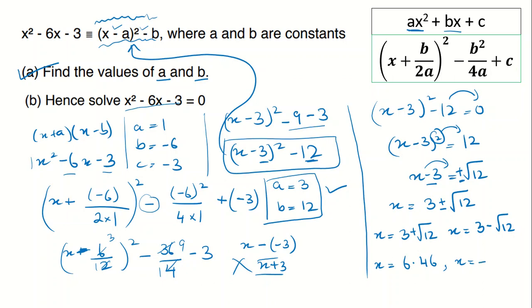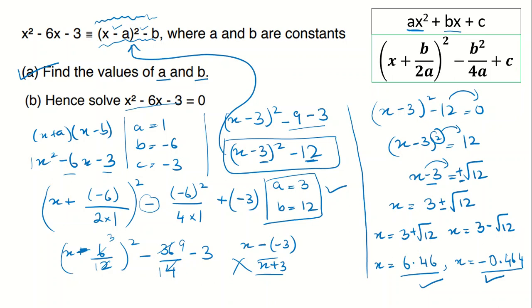I'm going to again take three significant figures. 0 is not a significant figure, so I'm just going to write 0 point, and then take three numbers, so 0.464. So these are my two answers, 6.46 and negative 0.464, and that's pretty much it.